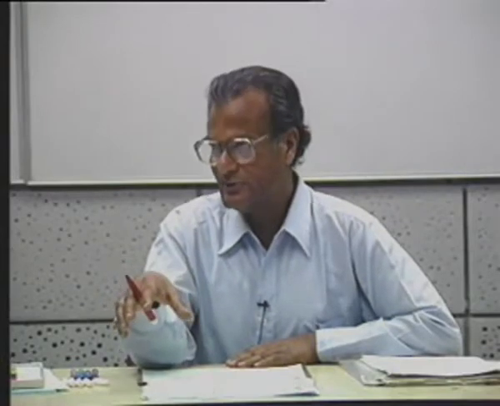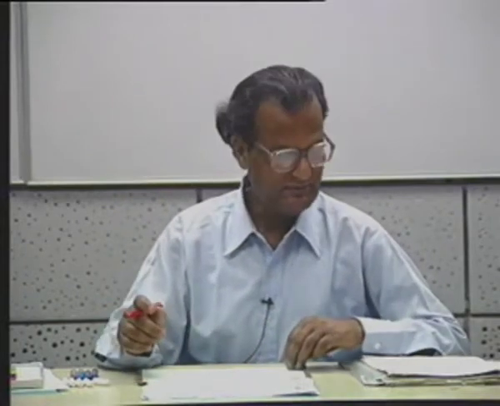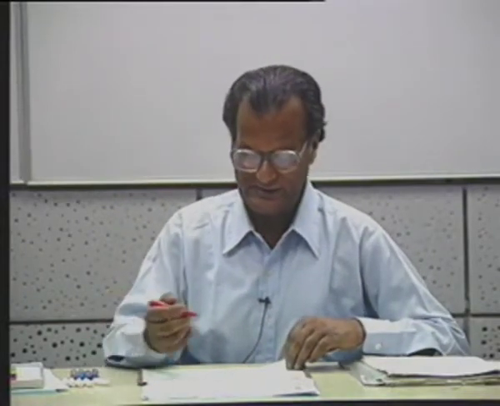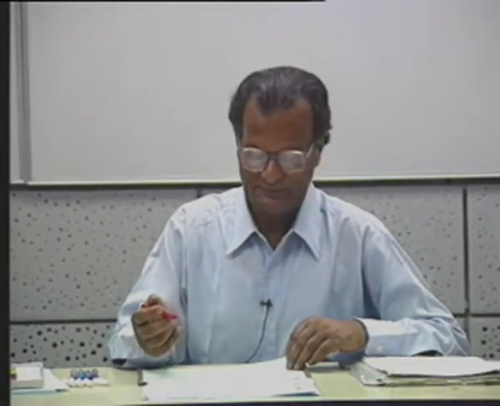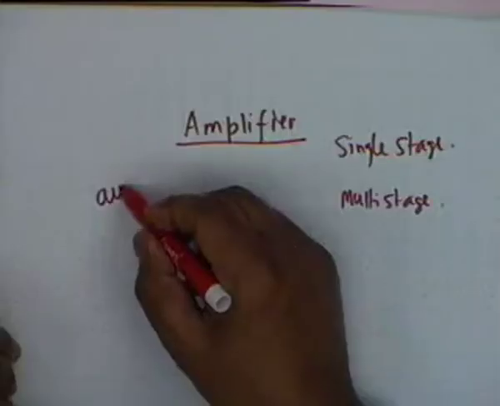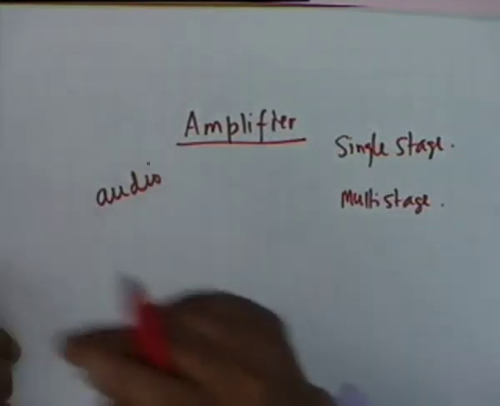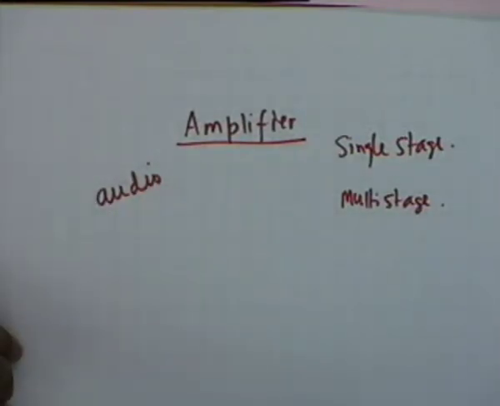Second stage is another voltage amplifier, and the last stage is a power amplifier, because you have to feed power to a loudspeaker. Amplifiers can also be classified depending on the frequency range of operation. Amplifiers can be classified as audio amplifiers, that is amplifiers which are useful in the audio range of frequencies, which is 16 Hz to 16 kilohertz.